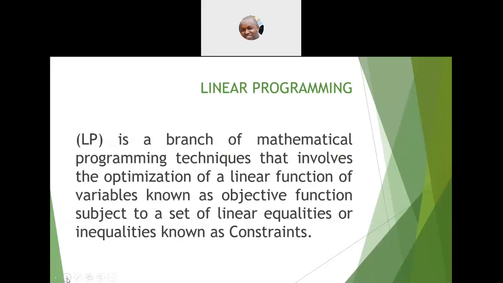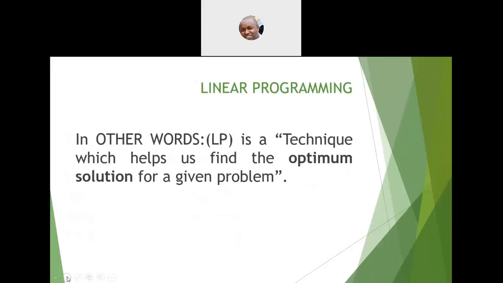Probably we want to maximize our utility subject to our income, or we want to minimize our cost subject to various expenses that we may incur. In other words, then, linear programming is a technique which helps us find the optimum solution for a given problem.